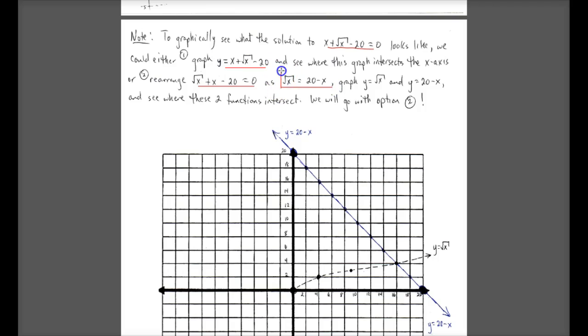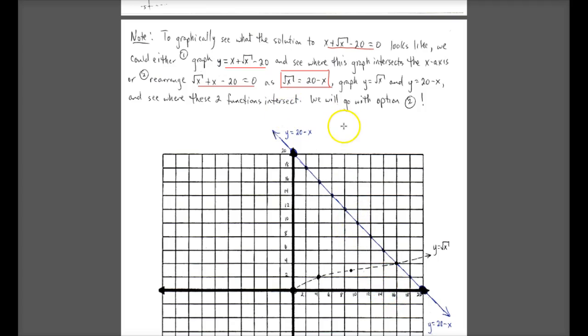This is the approach I've taken here, because it's relatively easy for me to draw the square root of x graph and the graph of the line 20 minus x. We see the line 20 minus x is there, and square root of x looks like this dark dotted line. And if you can see, both of these graphs intersect when x is equal to 16 right here.